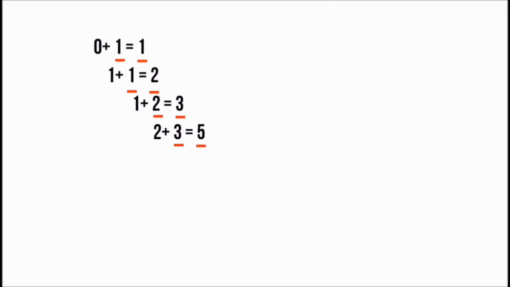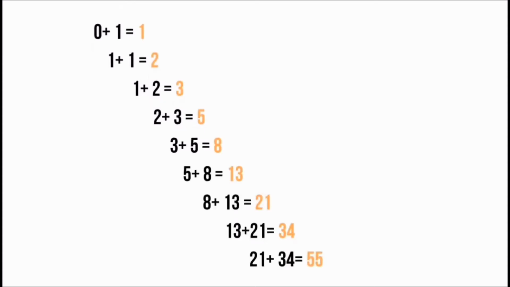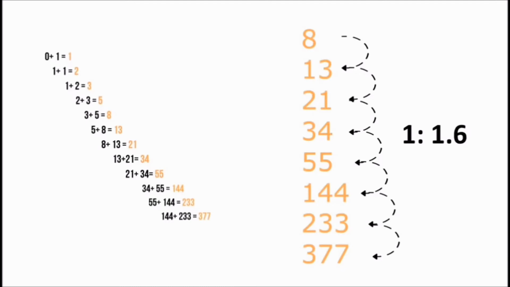So 1 plus 1 equals 2, and then 1 plus 2 equals 3. And it's around this point that the ratio actually starts showing up. As we continue to do this formula, we start arriving at a set of numbers: 2, 3, 5, and 8.